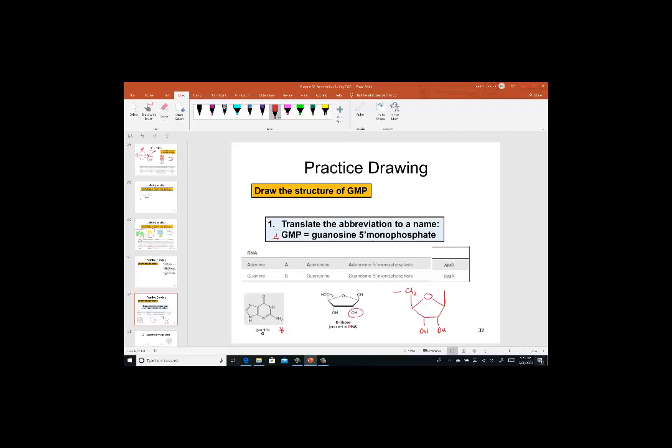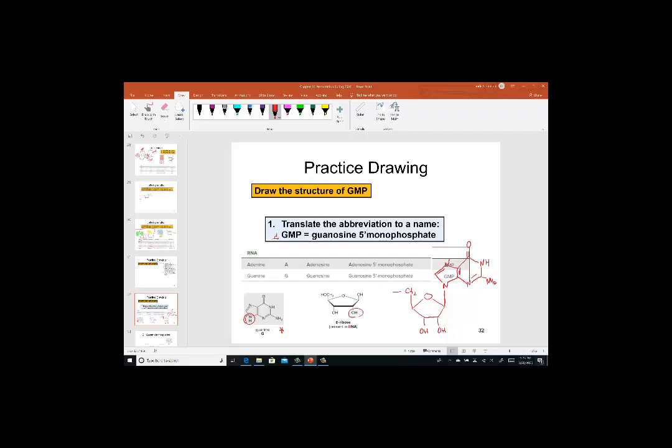So there's the first step, just drawing the sugar first. Draw the sugar. Now let's draw that base, and here's the site of attachment. So it's going to lead up to this nitrogen that's in a ring. And I'm just drawing that structure as I see it. There's that base. I need a double bond there, double bond there.